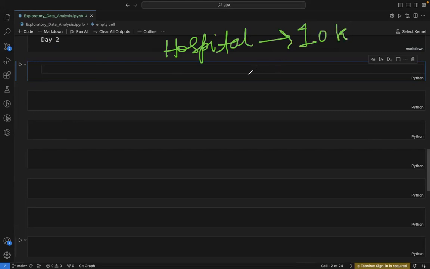And for each patient, we have many fields, that is, many features. Let's say F1 is one feature, F2 is another feature, F3 is another, and F4 is another. Likewise, we have so many features. Let's say we have 10 features, F1 till F10, for each patient.